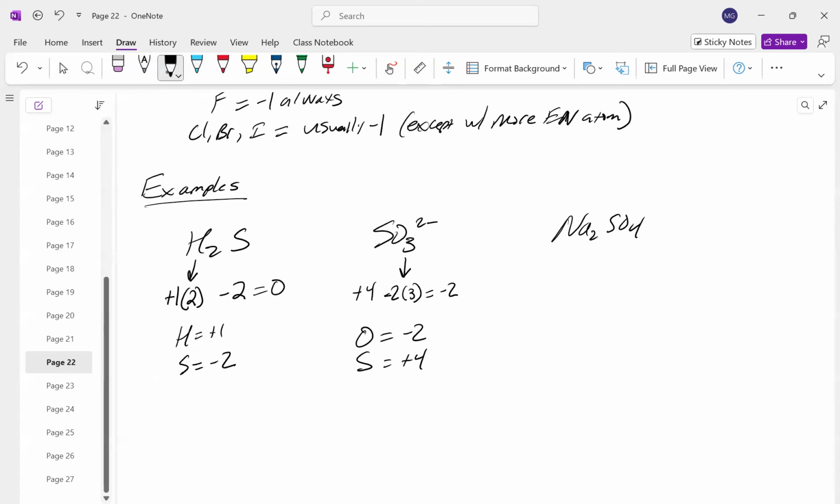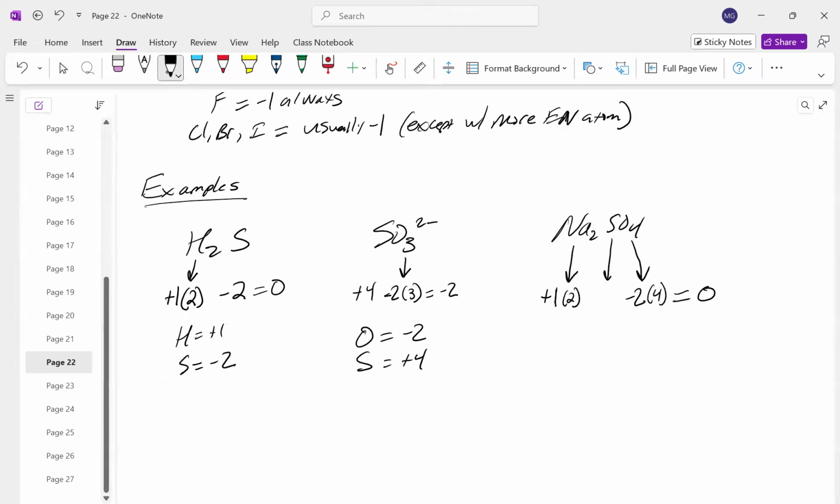And then let's look at the last one. So let's start with sodium. Sodium is +1 always, and I have two of them there. Let's go to the oxygen. The oxygen is almost always -2, and I have four of them. And this is a neutral compound, so all the oxidation states should add up to 0. So what oxidation state does the sulfur have to have in order to have this all add up to 0?